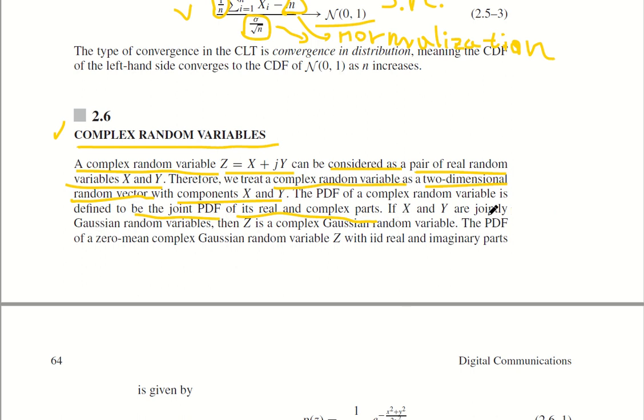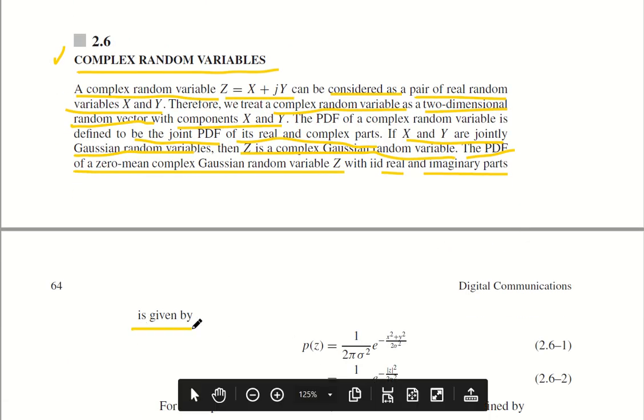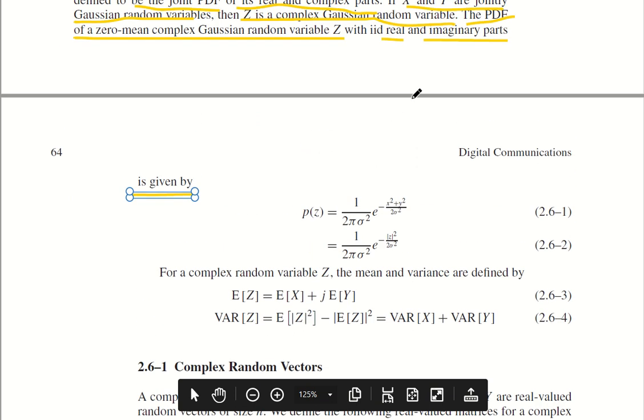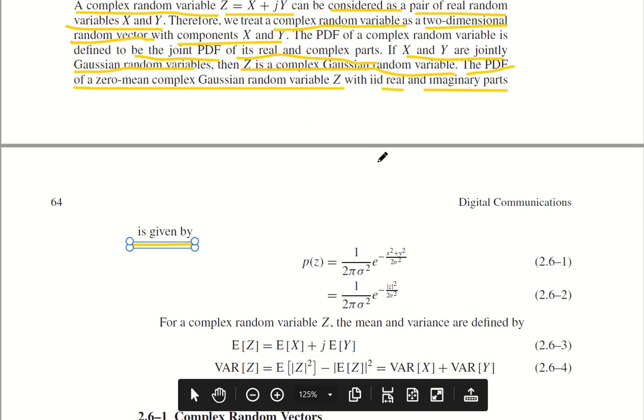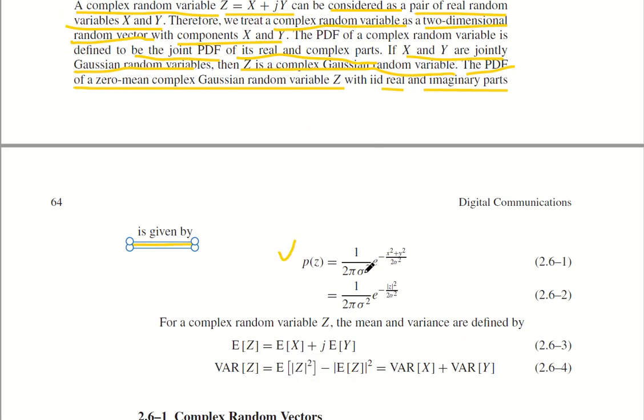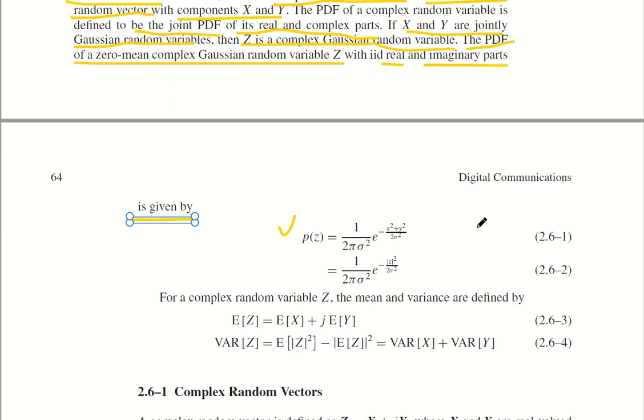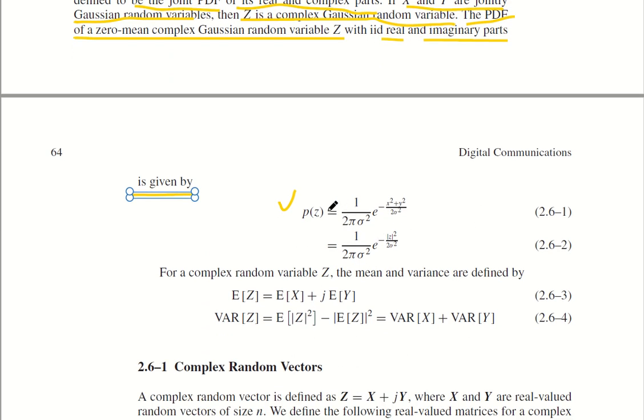And if x and y are jointly Gaussian, and z is a complex Gaussian, the PDF of a zero mean complex Gaussian random variable with IID real and imaginary parts is given by this.